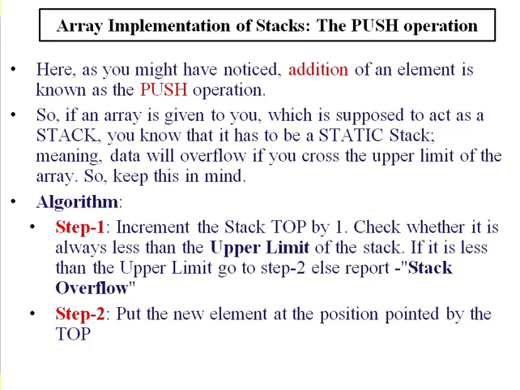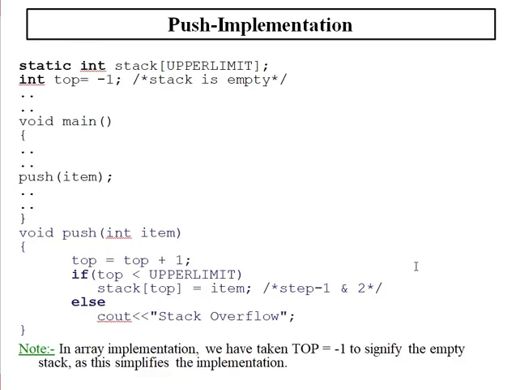So we should check if the top variable, because here the top variable is used as an index, indicating the location or the slot into which we can add an element on top of the stack. So those are the two steps that we can consider.